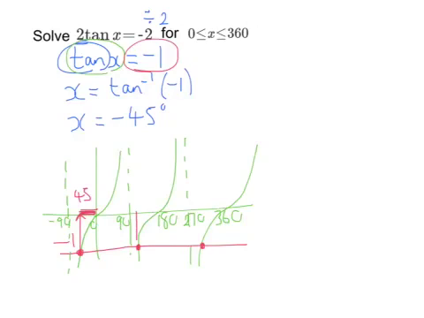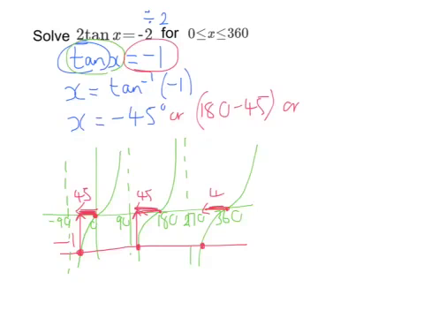Now, if you look at the symmetry of your curve, it's come back to the left from 0. So I think the other answer will be 180 minus 45, or there's another one back from the left from 0.